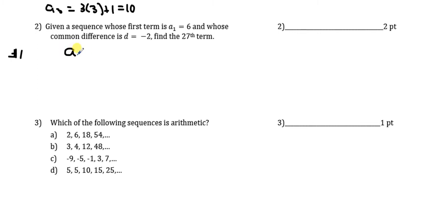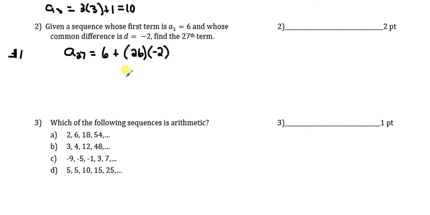So A27, the 27th term, N is 27 in this case, is equal to the formula A1, which is 6, plus N minus 1, which is 27 minus 1. I'm just going to write down 26, times D, which is negative 2.